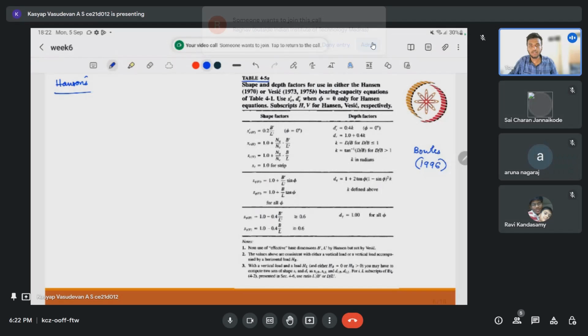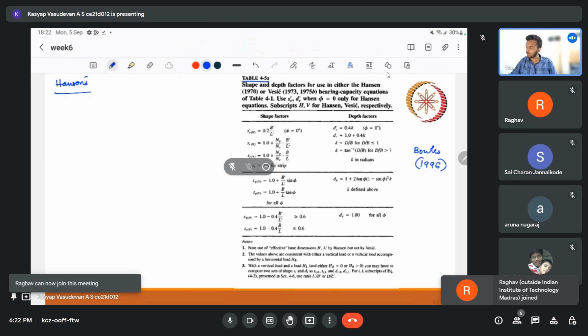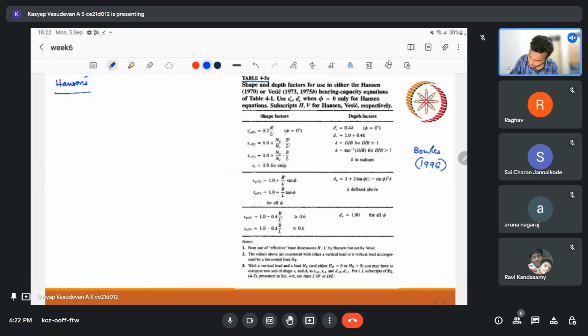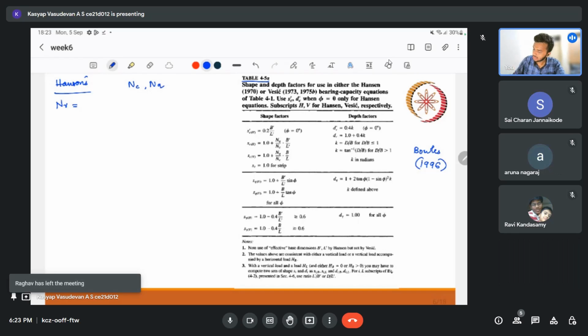One major difference is N gamma. NC and NQ will be the same. For N gamma, let me just verify, in Hansen's the formula is given as 1.5 into (NQ minus 1) tan phi.